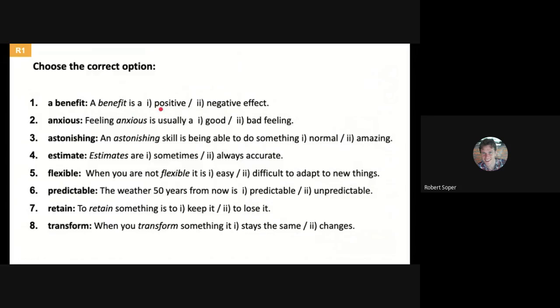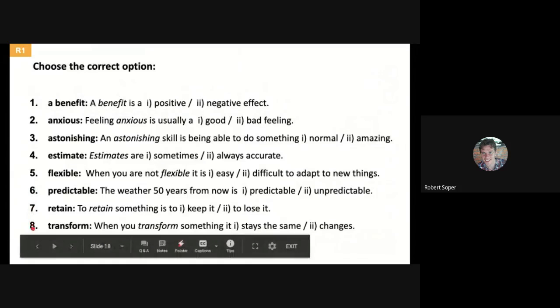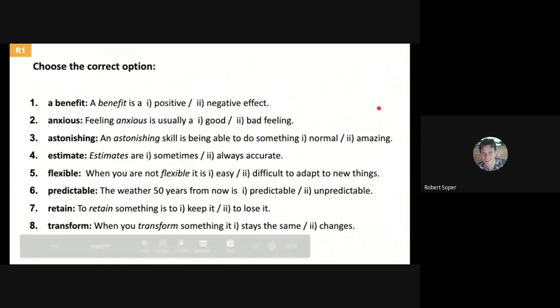Now that we've practiced doing that one, let's see if we can do 2, 3, 4, 5, 6, 7, and 8 on our own. So what you're going to need to do here is pause the video and choose the correct option for each of the sentences following these words.